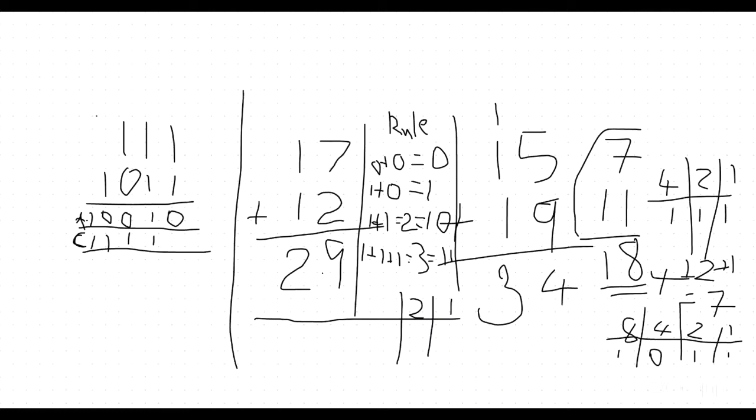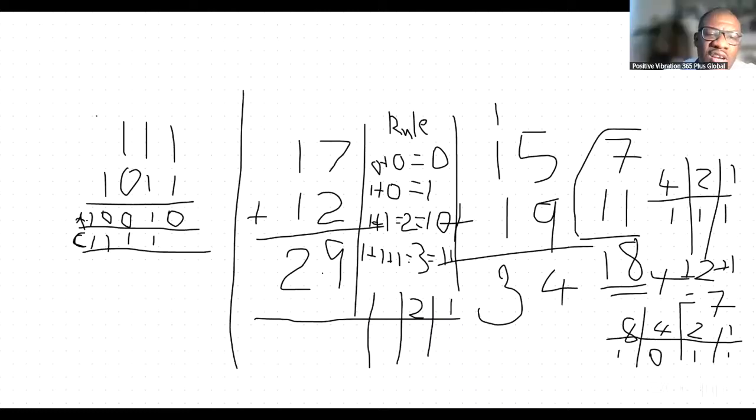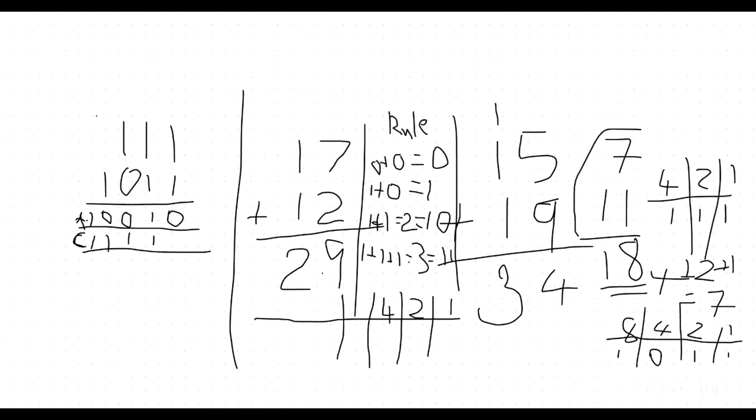Very good. And then what do you think this number is gonna be now? 8. Very good. How did you get 8? 4 times 2. Very good. So that's 8.